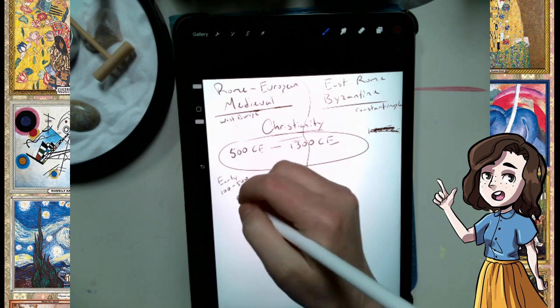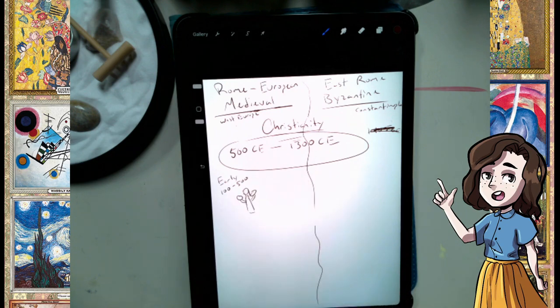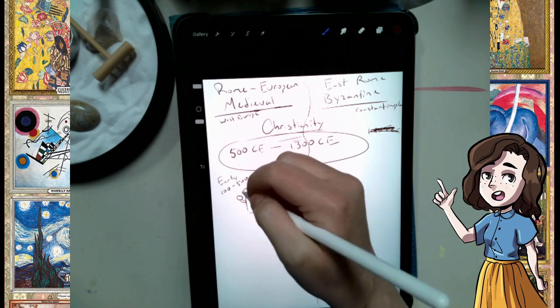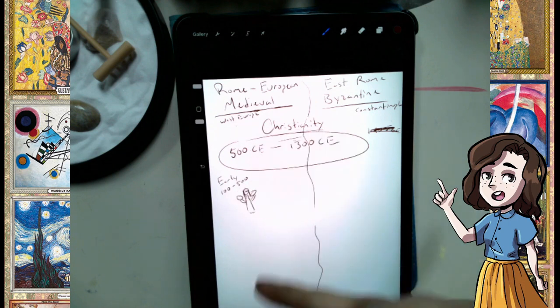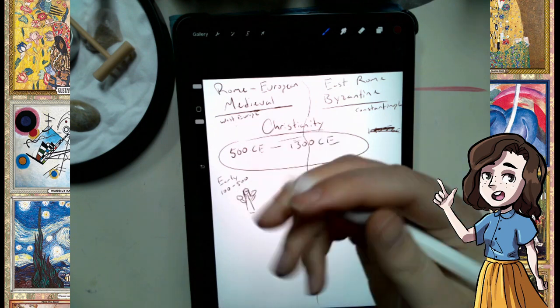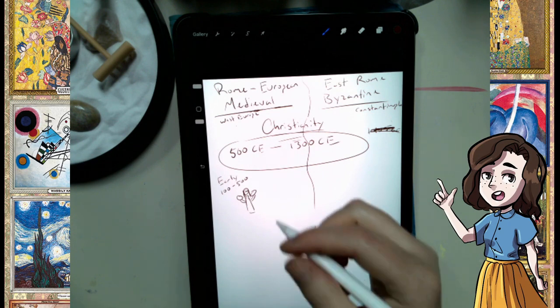You could see that in the stylized large hands within the catacombs, arched painted walls, so it's borrowing a lot of Roman style, but trying to find its own thing. They're figuring out, do we portray Christ in a human form? Do we portray these biblical figures, or do we leave it up as symbols? So there's this back and forth there.